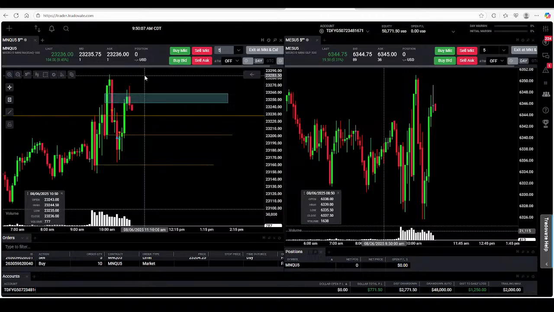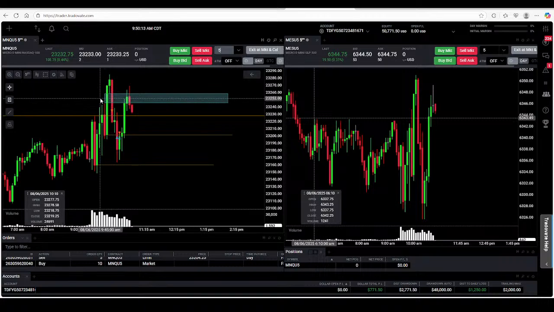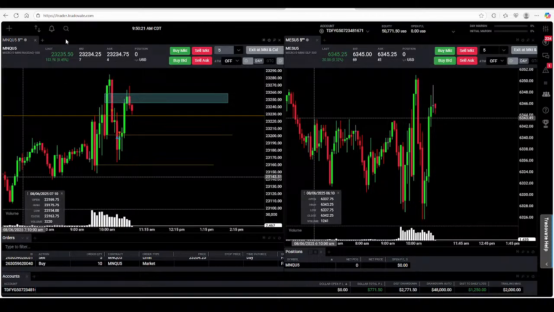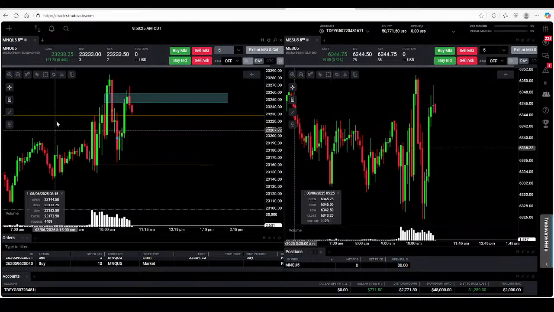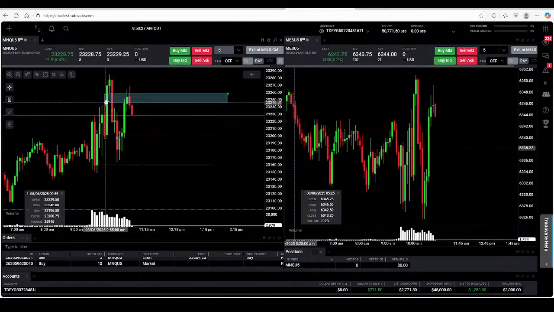We might see a move down here now. Again, you can see we failed to close above this gap, so we might see another move down. But like I said, nothing that I'm really looking forward to or looking to trade.